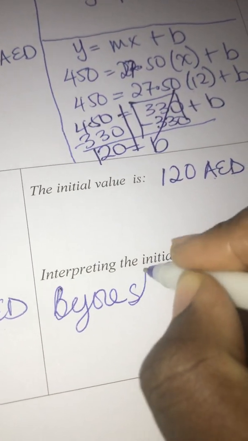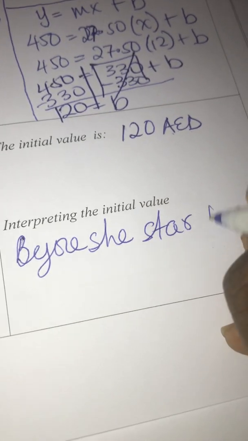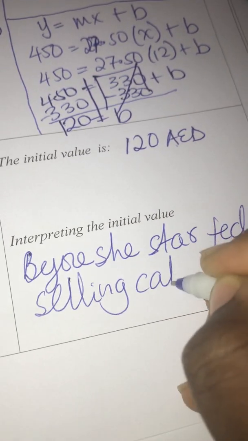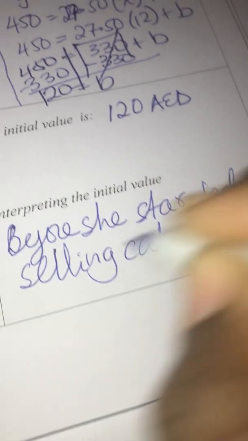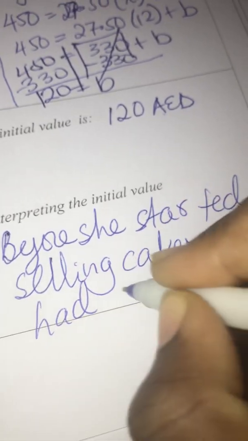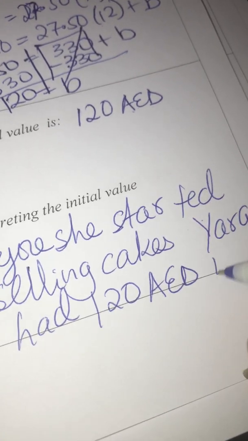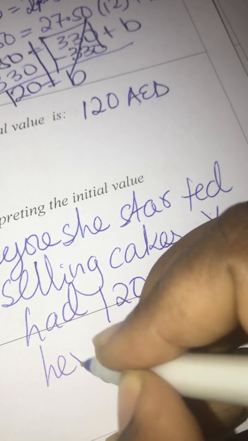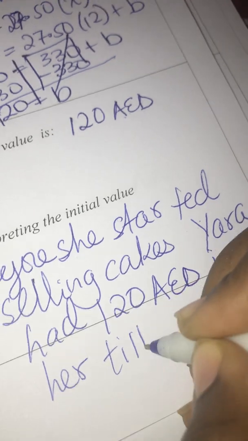So before she started selling cakes, Yara had 120 AED in her, it's called a till, the cashier till.